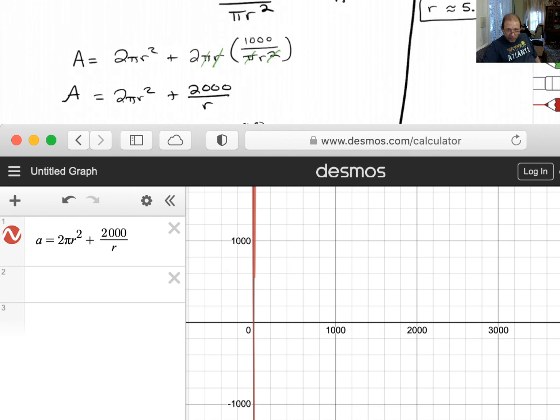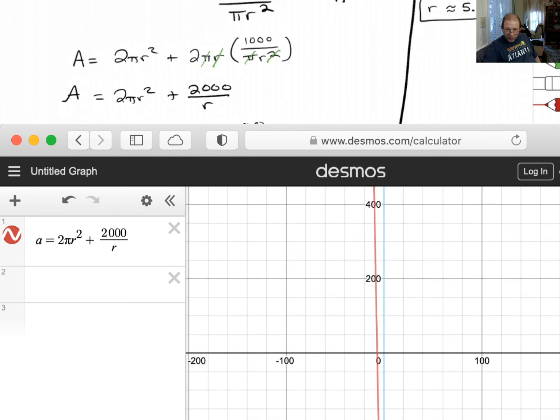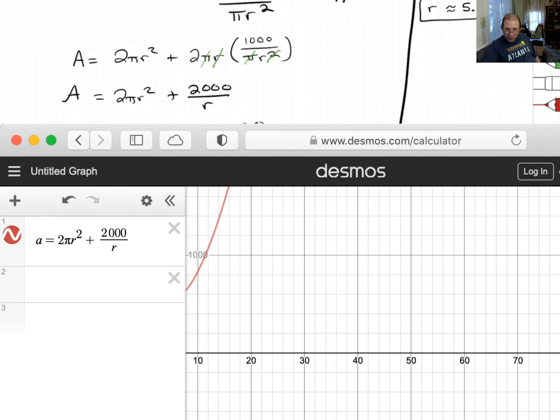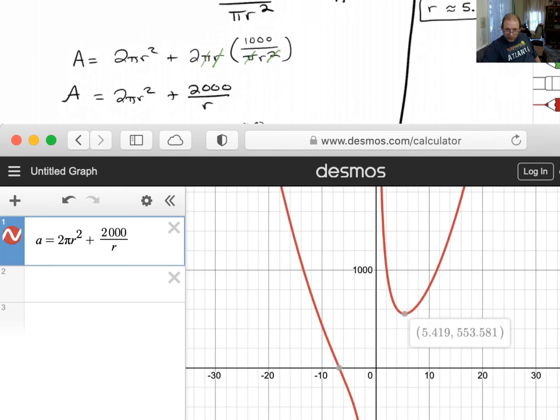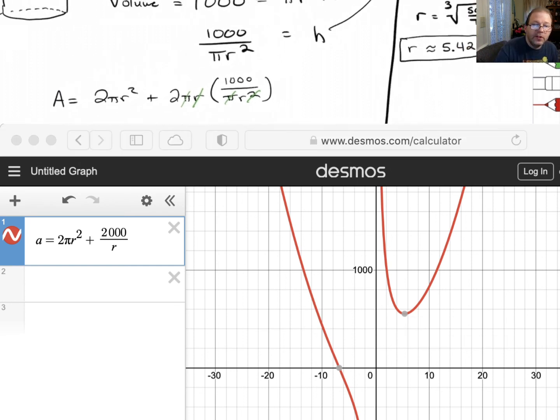On Desmos, if you press Shift and zoom, you can zoom in on a single axis. So I'm going to do that and zoom in on the x-axis here. And so this is saying, yeah, right here, 5.419. That's the number we were looking for. And 553.581. So sure enough, this is a minimum.